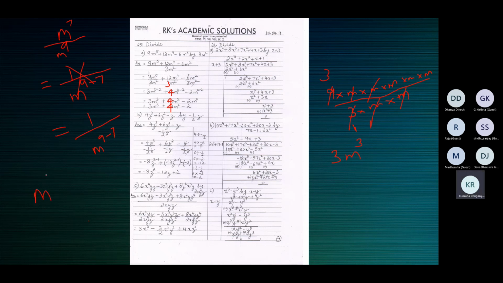So now if it is m to the power 11 by m cube, m to the power 11 remains in its own place. This one travels. It's like this one is going to the numerator, from the denominator up to the numerator. So it will be minus 3.